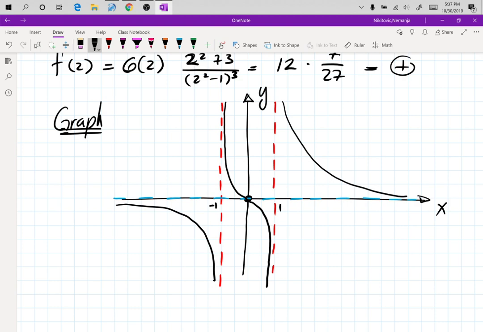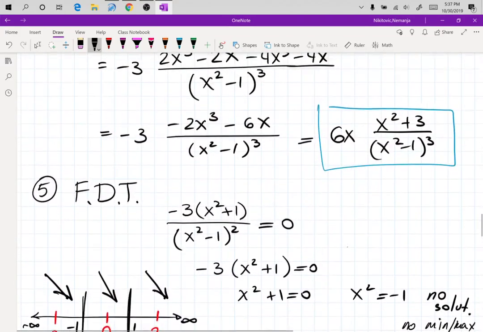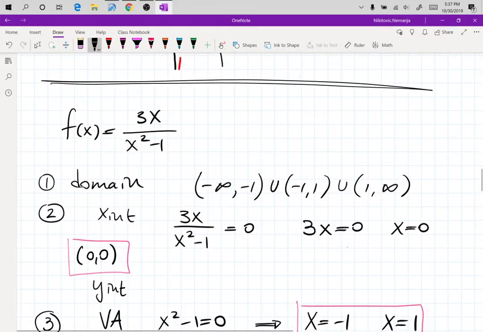Yes, because you might care, right? So you go to Desmos or whatever graphing utility you're using, 3x divided by x squared minus 1. There it is.